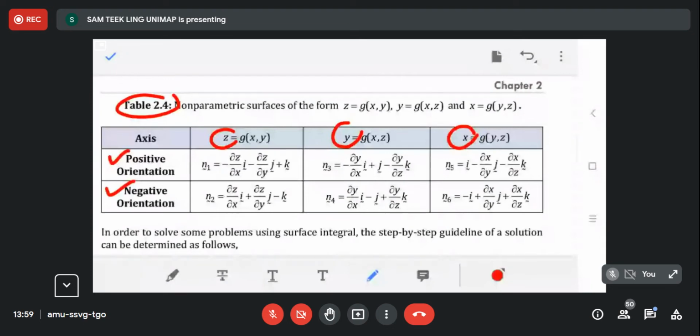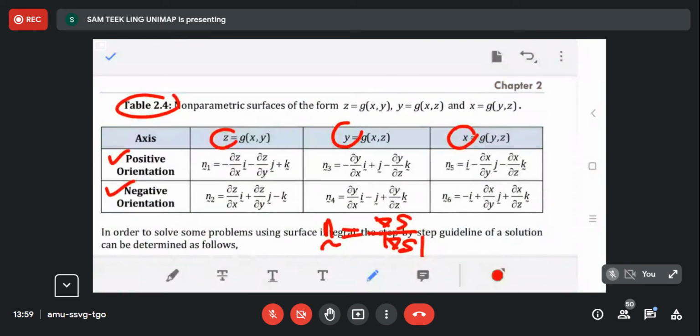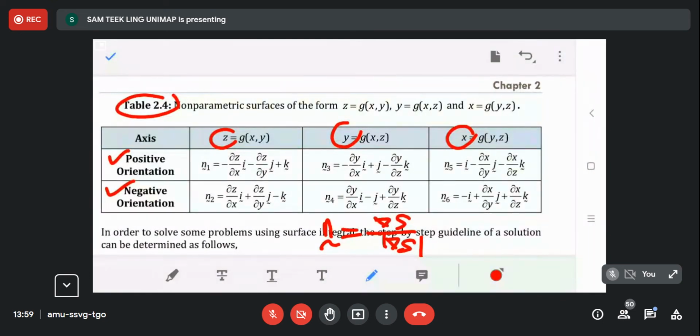So for your N, either use del S divided by magnitude del S, or use this table. So you got two choices only, all based on the given question. So this is the first one, I'll let you know your N.